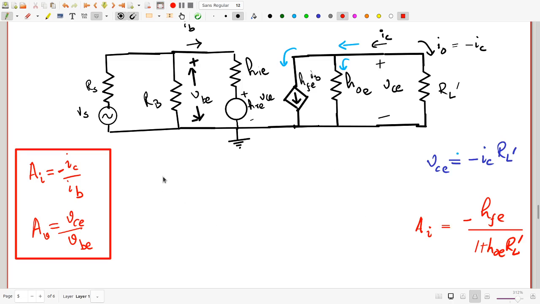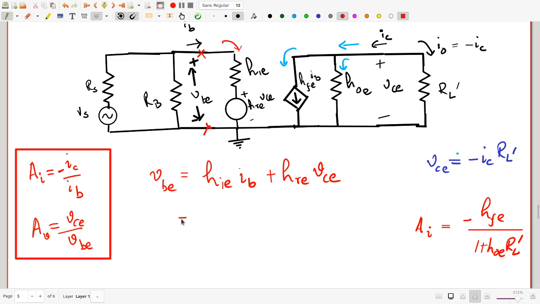Let's now look at VBE. Well, VBE is actually straightforward. VBE is the voltage here, which is the voltage drop between this point and this point. So if you go from this point to the ground, along this path, you encounter two things. You encounter the resistance HIE, and there's a voltage drop HIE IB due to that. You also go through this voltage source HRE VC, that's the other drop. So VBE is just the sum of these two.